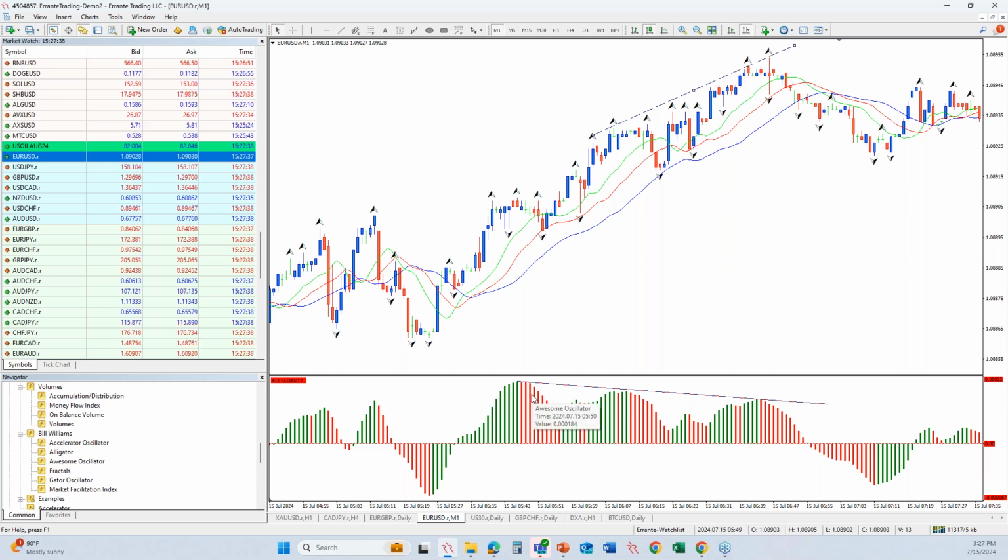And if you look at the major market AO tops or peaks, you can see this peak is lower than the previous major peak. Yes, of course, I can see also this AO peak here, but we consider it as market noise.